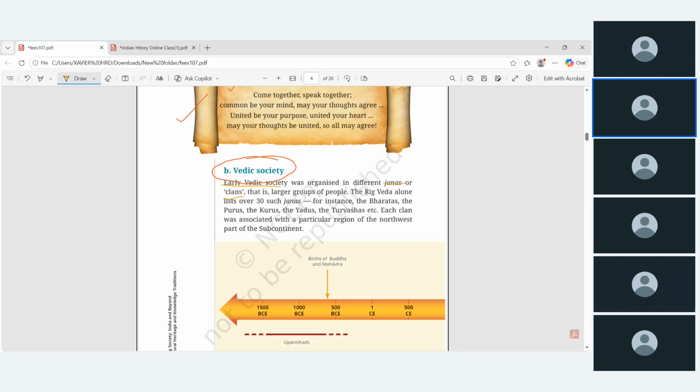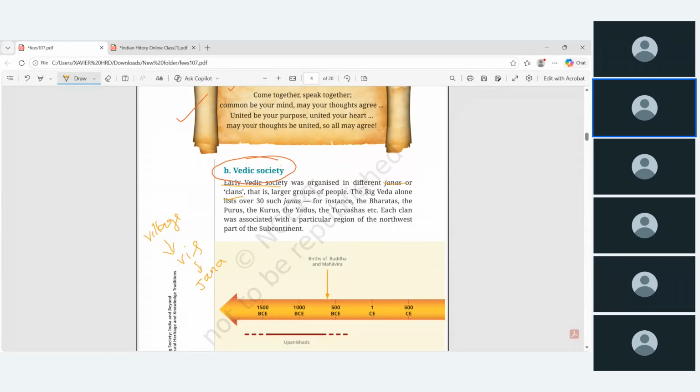And how did the janas or clans come about? For example, first it starts from the village. In the beginning it would be the village, and a group of villages becomes a vish. Then the vish becomes a jana.